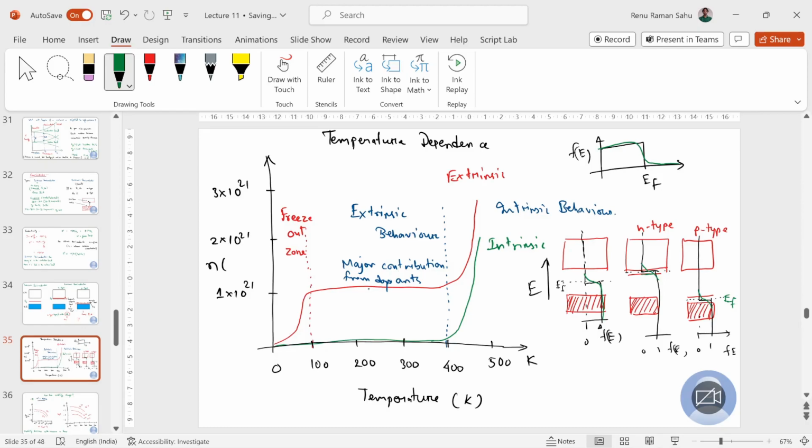So in the extrinsic semiconductor, when you increase the temperature, you will have the carrier concentration increasing.